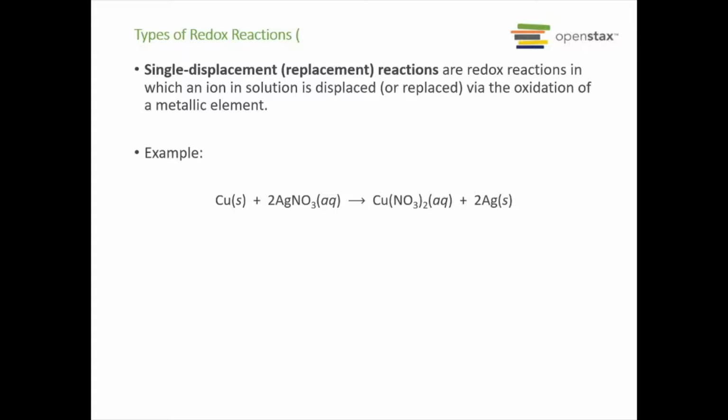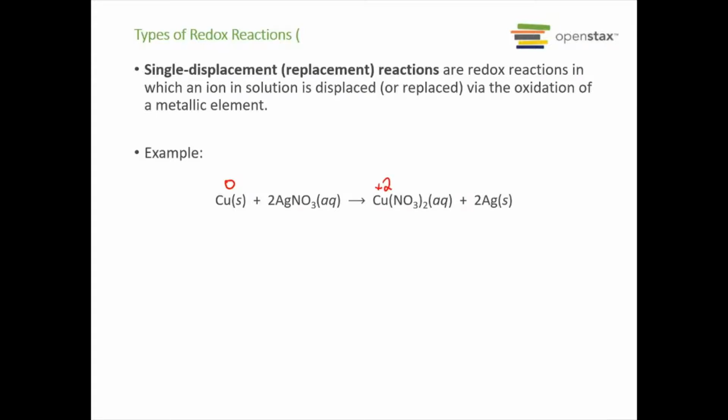So here's another example. We have single displacement or single replacement reactions. These are redox reactions where an ion in solution is displaced or replaced by the oxidation of a metallic element. For example, solid copper reacting with aqueous silver nitrate makes aqueous copper nitrate and silver metal. So copper here goes from an oxidation state of 0 to an oxidation state of +2.